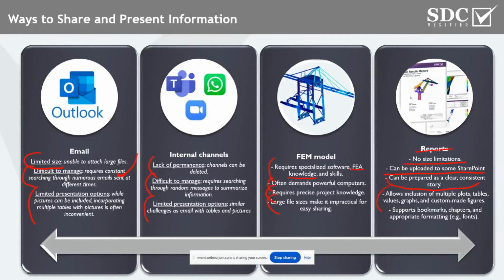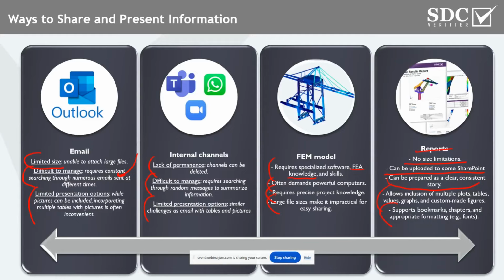You can include whatever you want, different attachments, plots, tables, graphs, and it all looks nice. And what's more important, you can easily navigate through different chapters, bookmarks, and appropriate fonts and so on.